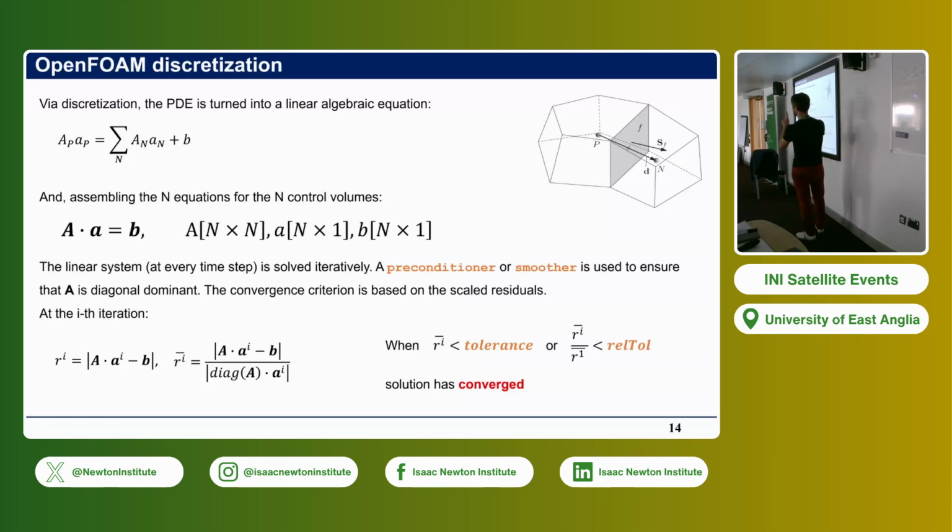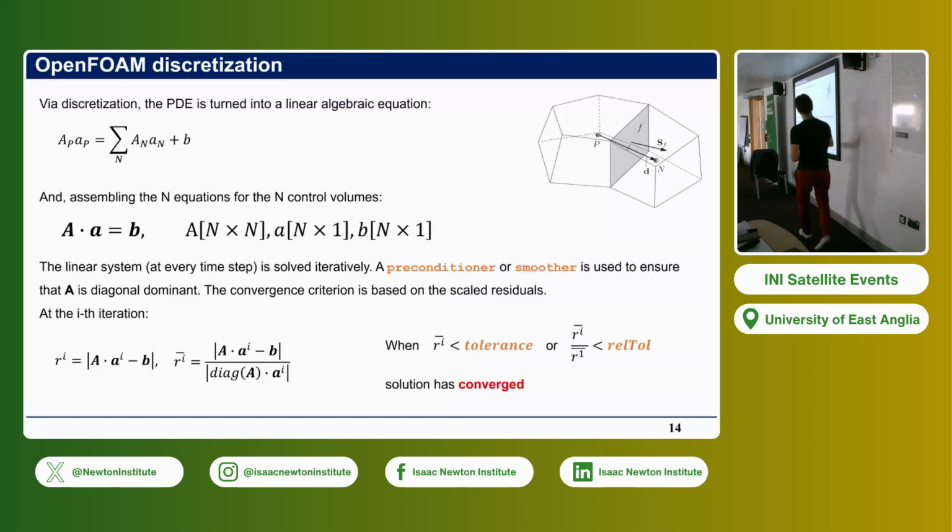And you have two indications you can give. An absolute tolerance, for example 10 to the power minus 6, a typical tolerance we use in OpenFOAM, or a relative tolerance, relative to the first iteration. For example, for the pressure equation, I'm going to solve it multiple times because I'm using a predictor-corrector approach.